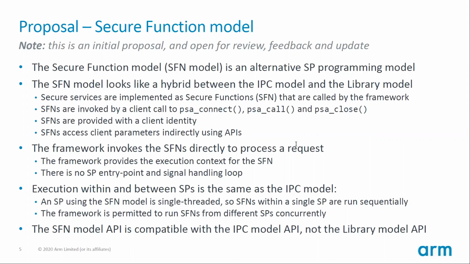Those functions are invoked whenever there's a connect, a call, or a close. We do still retain the client identity in those, and the client parameters are indirectly accessed using APIs, as in the IPC model. There is a further step in the roadmap to allow for direct access to optimize that.